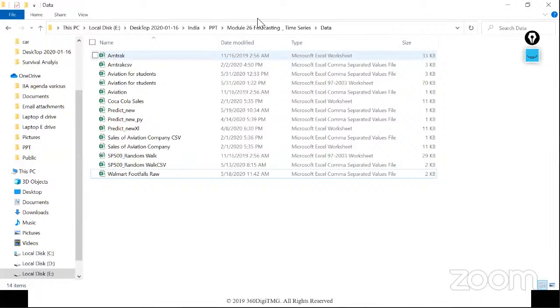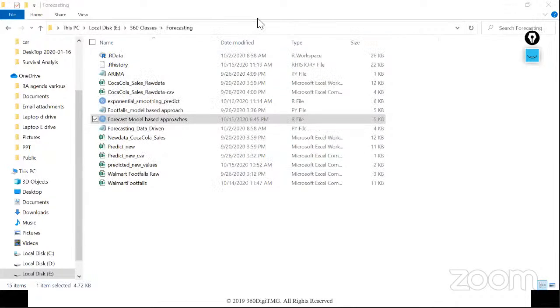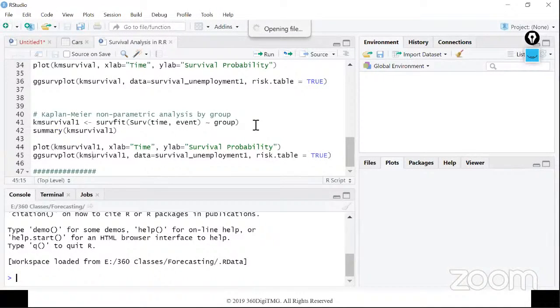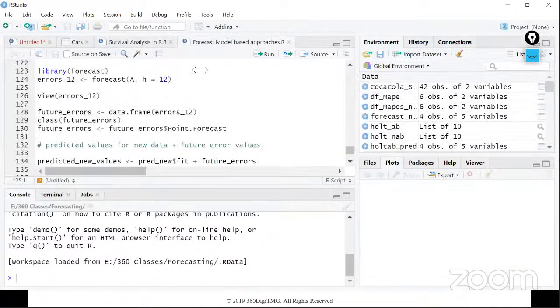Attendance is very much required. Without 80% attendance, we will not give the certificate. That we are very, very clear.